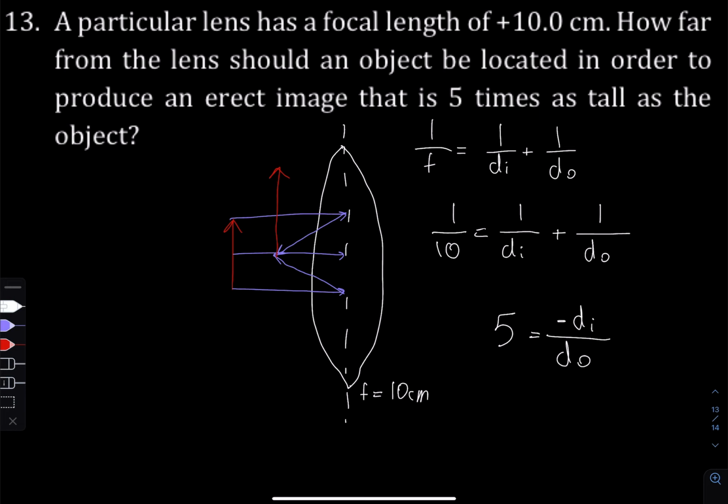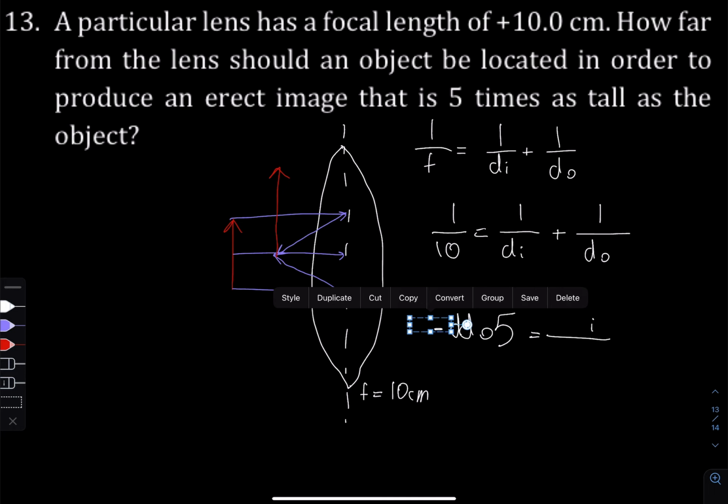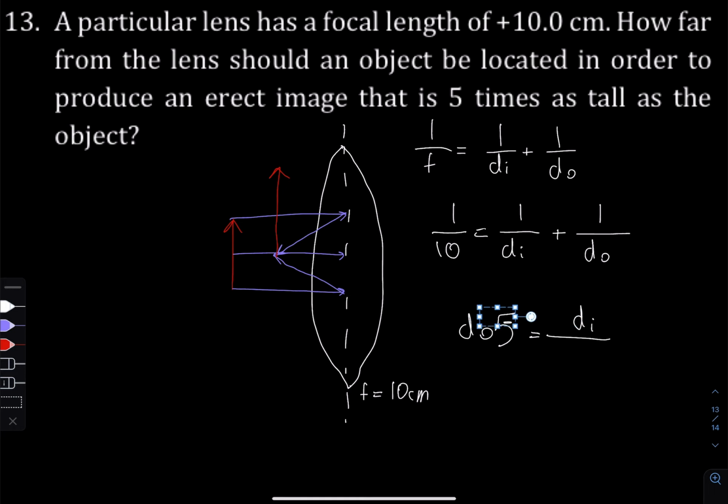So we can multiply both sides by do, and then multiply both sides by -1. There. So the distance of the image is negative 5 do.